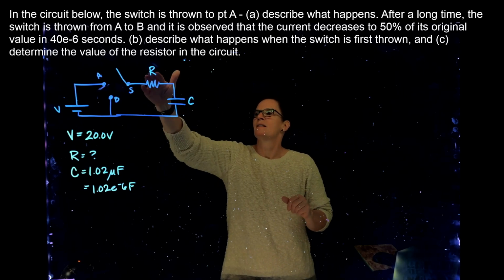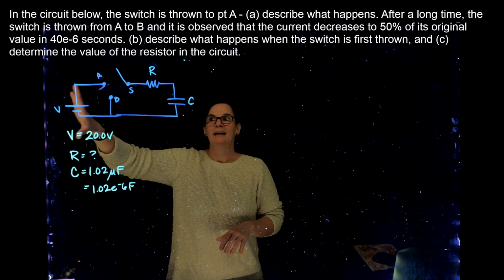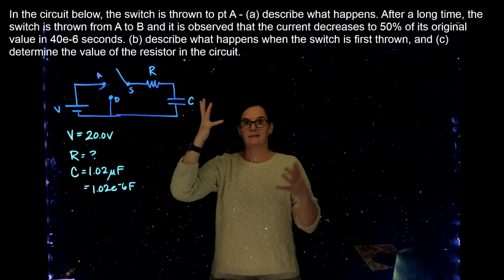Okay, then we switch, and our circuit connects to B. Now the battery's out of the picture. And what happens? Well, the capacitor acts like a battery.